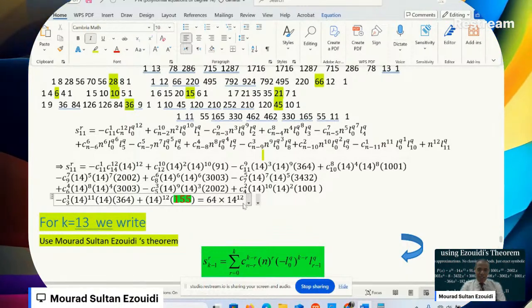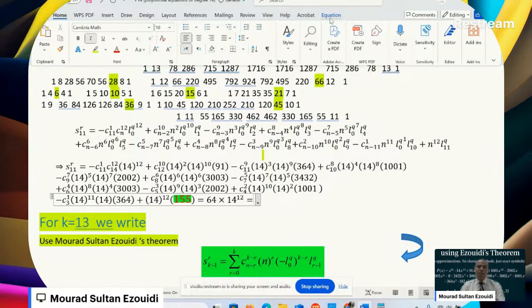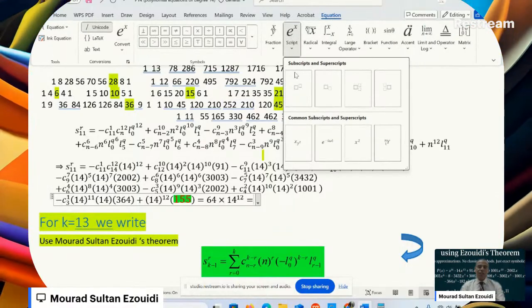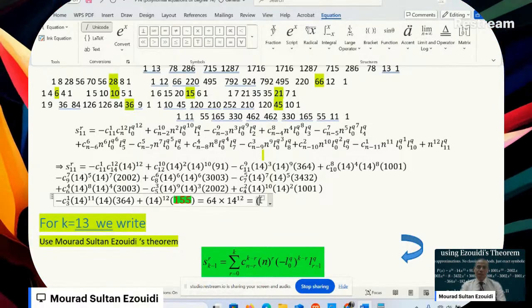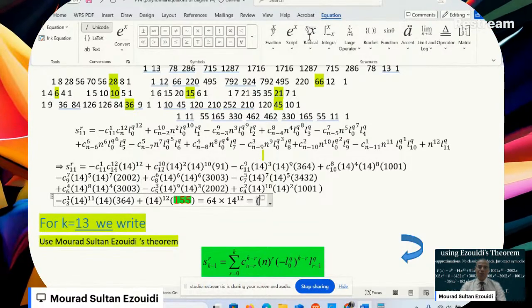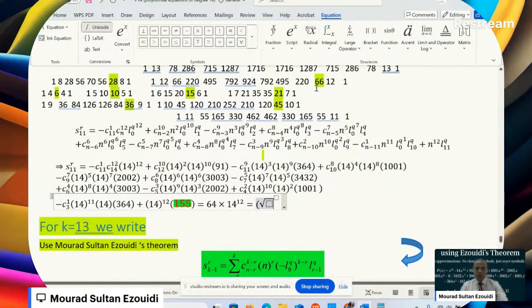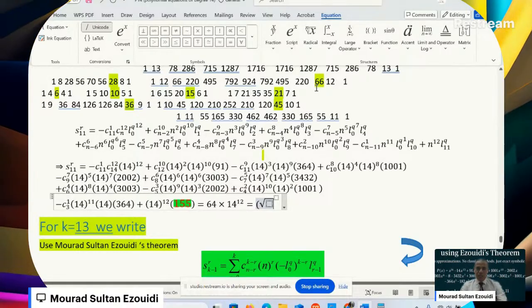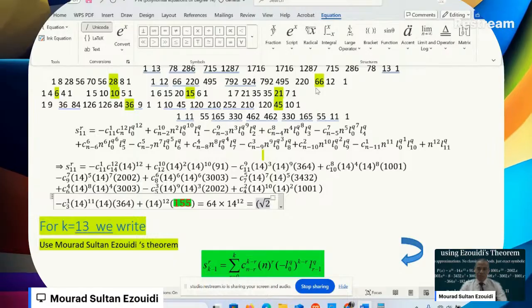I also can write this as that. I will open parentheses, make the symbol of equation, and write it as root of 2, root of 2, root of 2, and here root of 2, close this parenthesis.